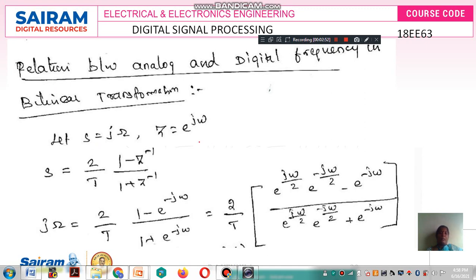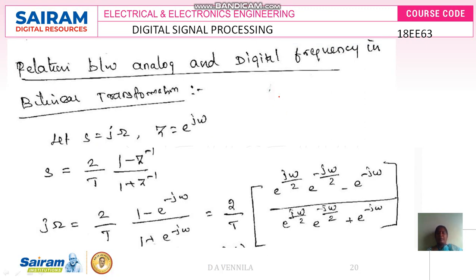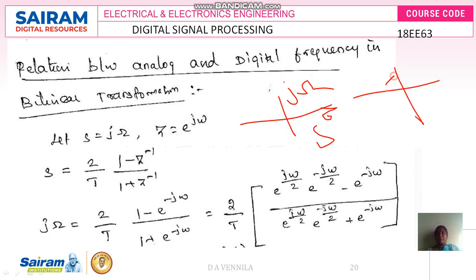In S, this is your real axis and this is your imaginary axis, and in the Z domain you represent it as a circle.